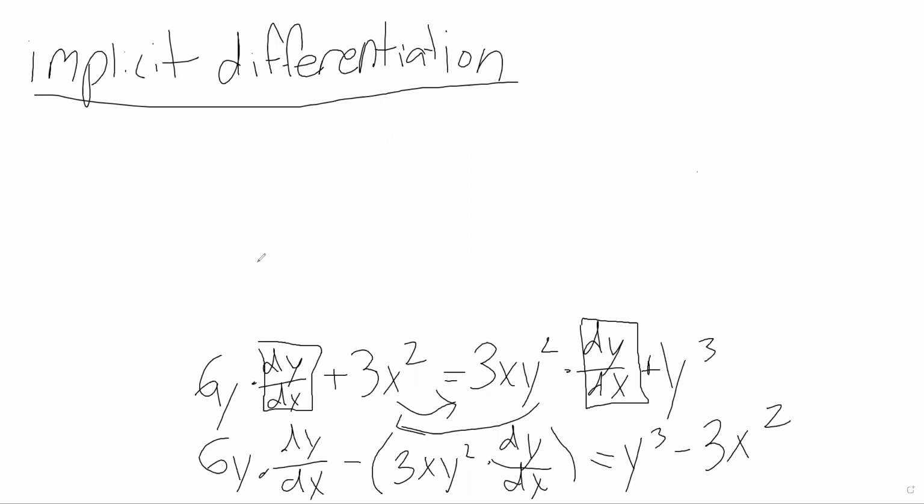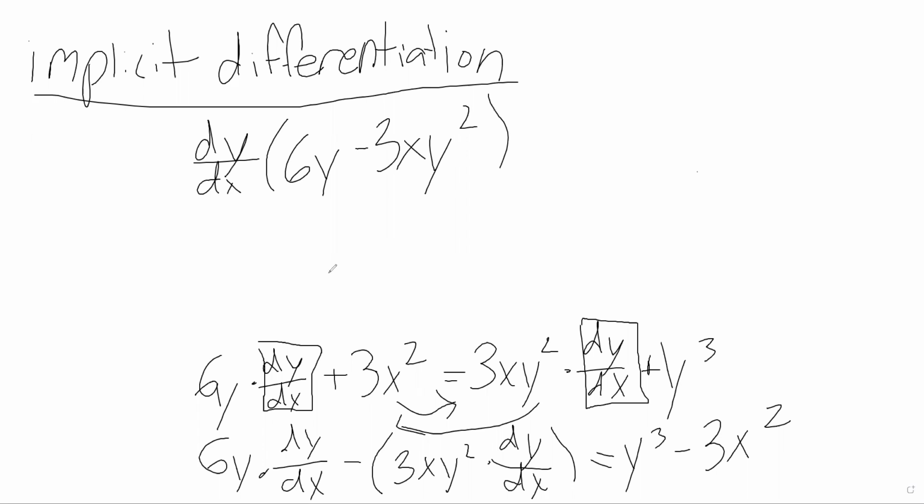We can pull a dy over dx out of each term. So we can do dy over dx times 6y minus 3xy squared. And why are we able to do this? Because if you look down here, this term is being multiplied by dy over dx, and this term is being multiplied by dy over dx, right?